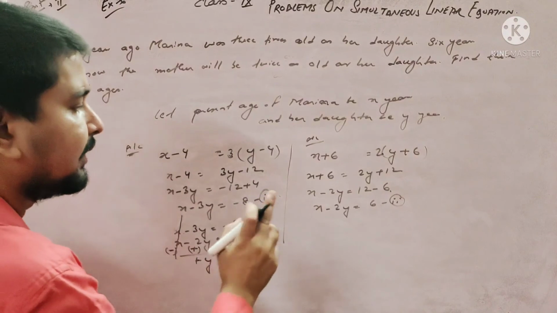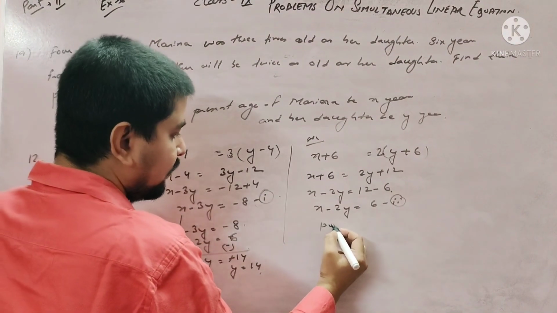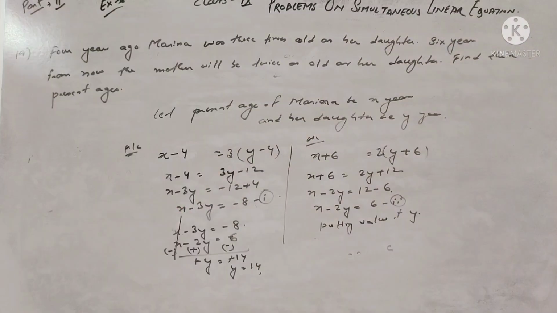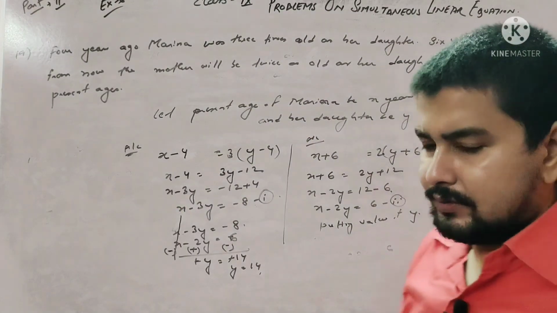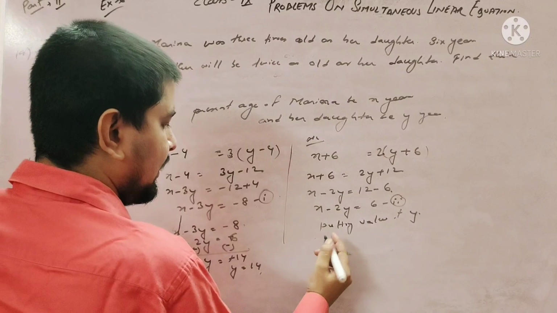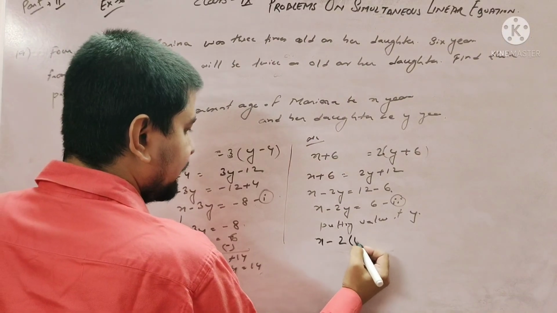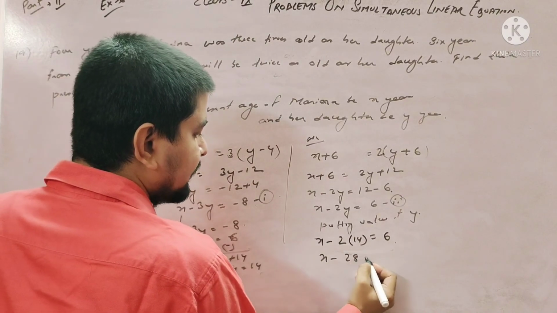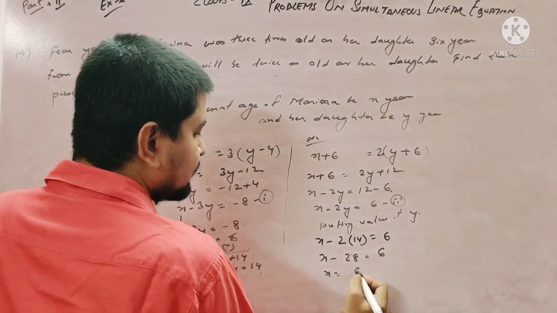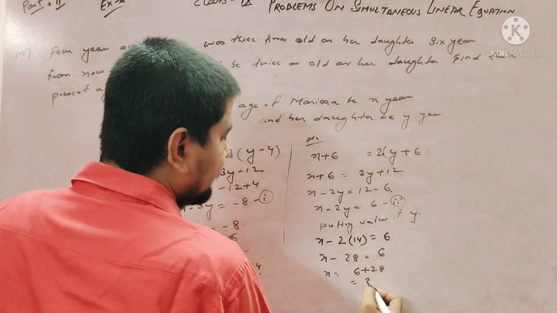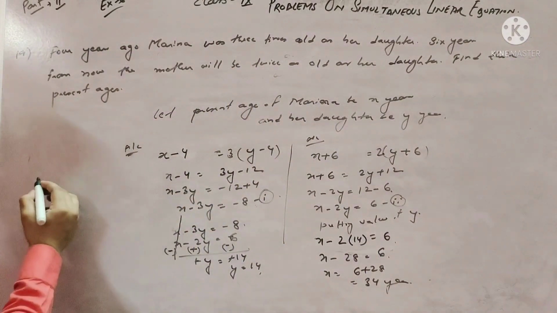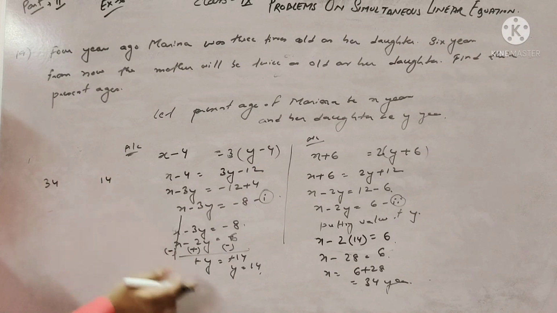Now for Marina's age, putting the value of y in equation 2: x minus 2 times 14 equals 6. So x minus 28 equals 6, so x equals 6 plus 28, that is 34 years. So Marina is 34 and her daughter is 14.